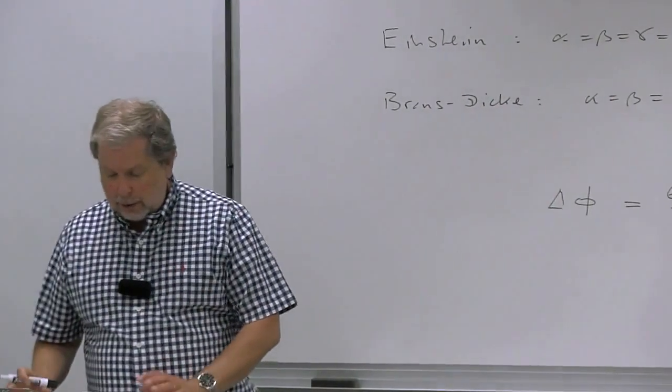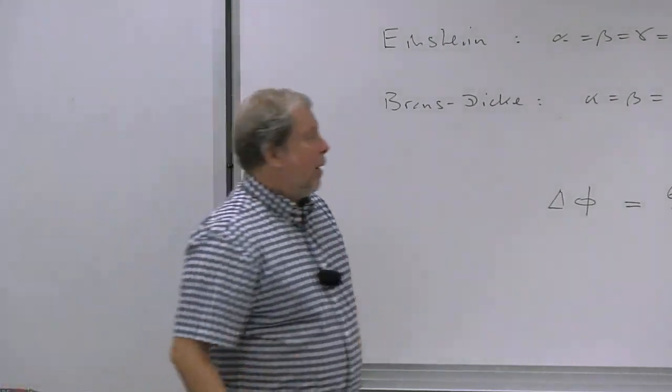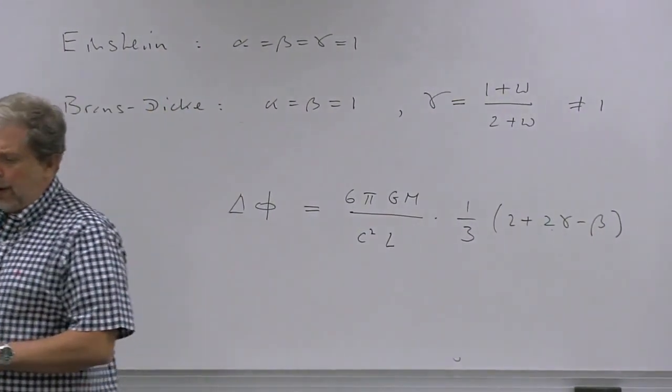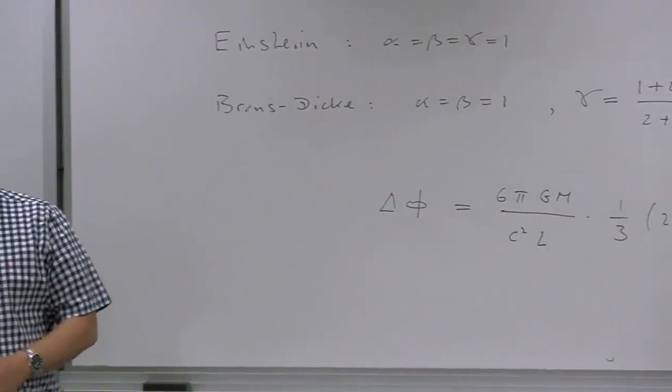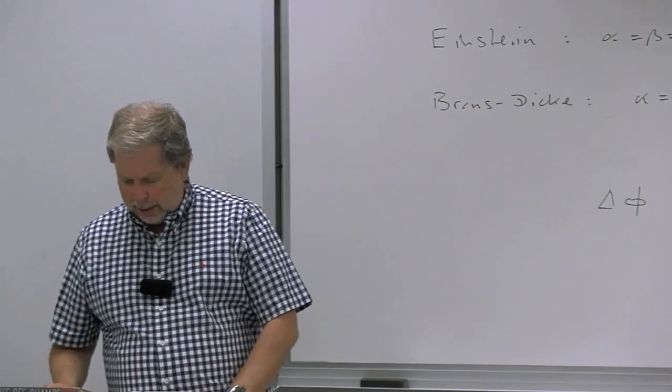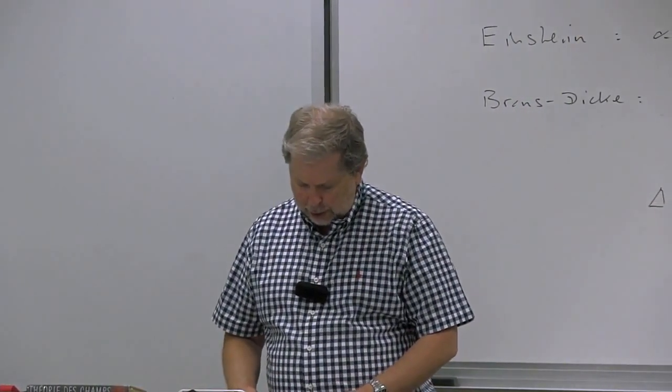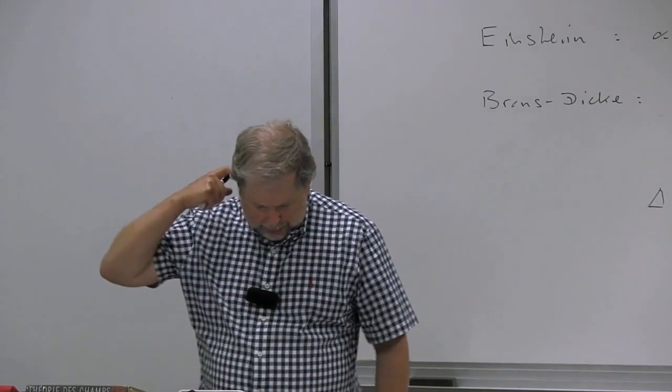So we'll come back to that in a little bit, because we actually want to discuss another case where you can test GR and also extract these alpha, beta, and gamma parameters, which is the deflection of light by the sun.